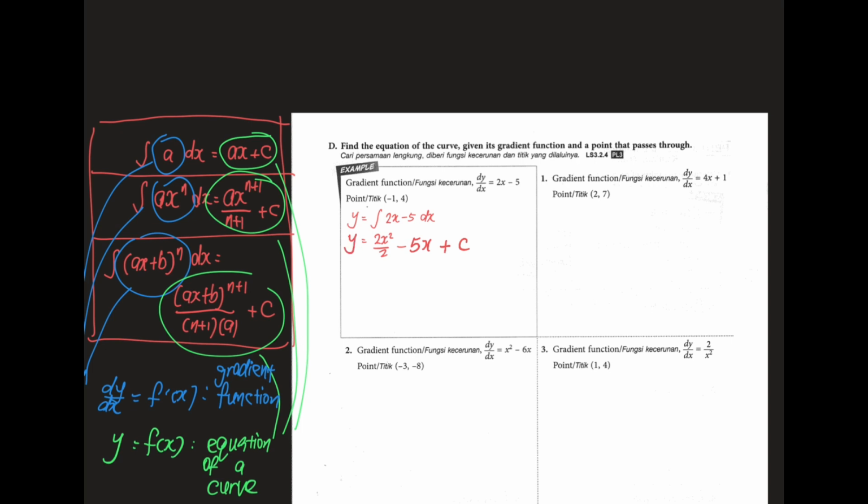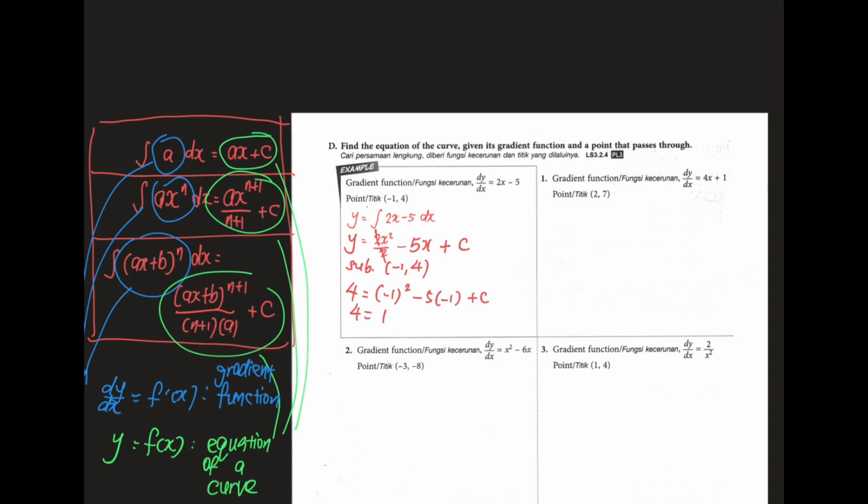Okay, now after integration, we get this. This is the equation of the curve, but we need to find c also. So we substitute the point minus 1, 4. So y is equal to 4. The 2 I cut away. x is replaced with minus 1 in this way, plus c.